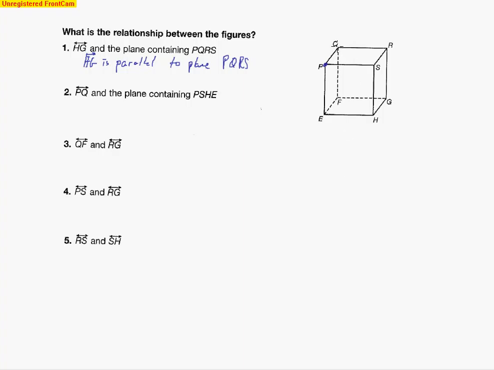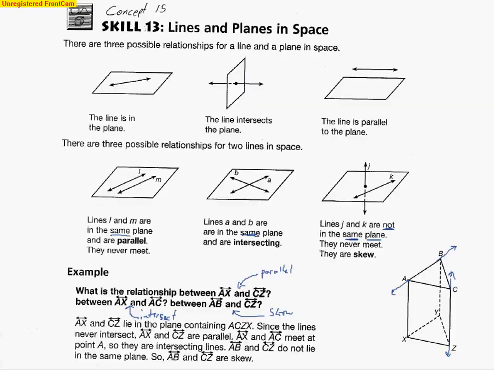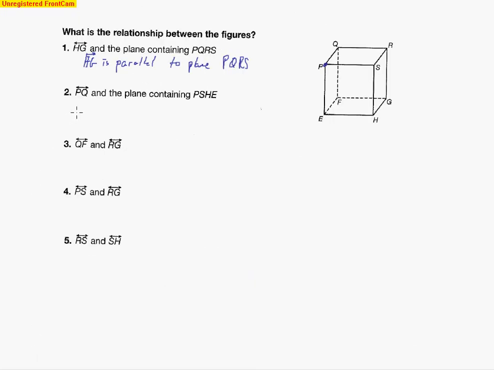So PQ is like the situation back here, where it's going to intersect that plane. So we'll say PQ intersects plane PSHE.